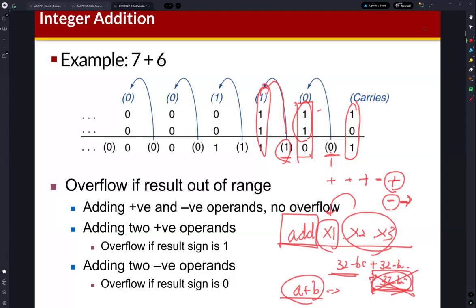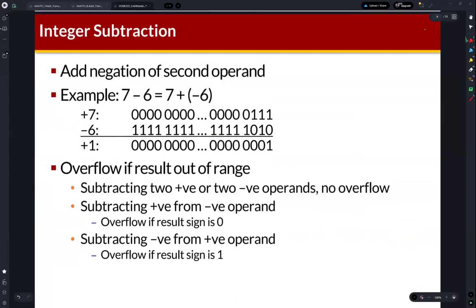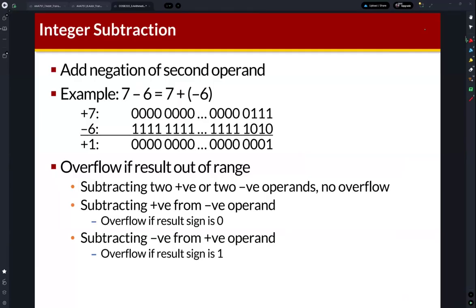If overflow is detected, the result is wrong, so we cannot use this result. Negative plus negative should be negative, but if positive is detected, it is also overflow. If we add a positive number and a negative number, then no overflow will be created. And then subtraction. The subtraction is the addition. It's the same.